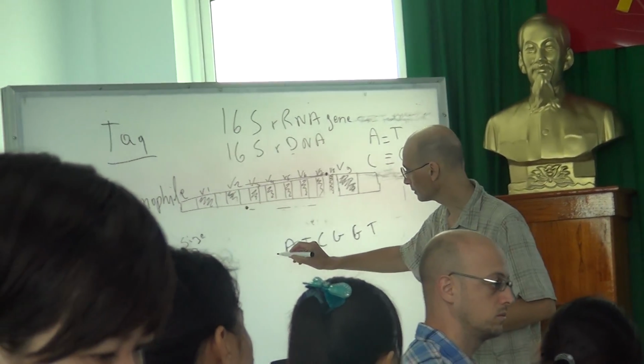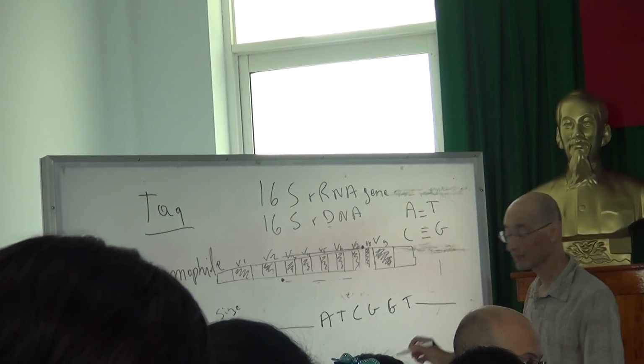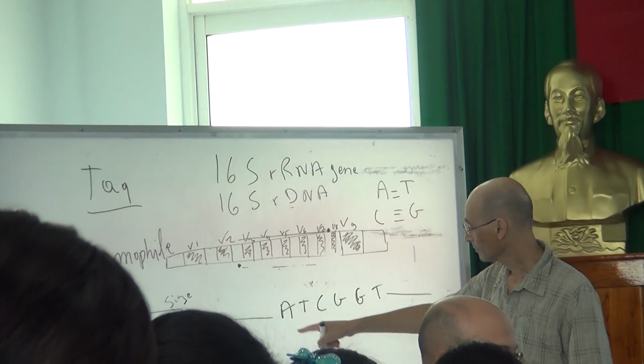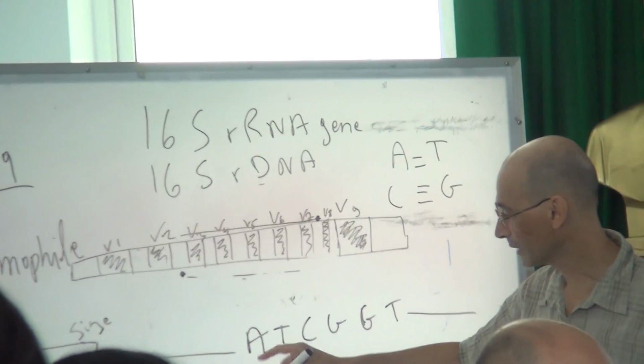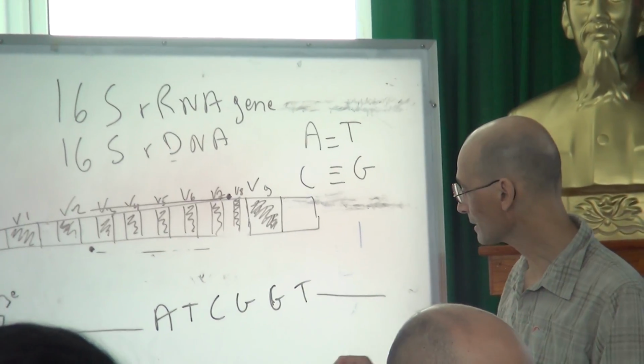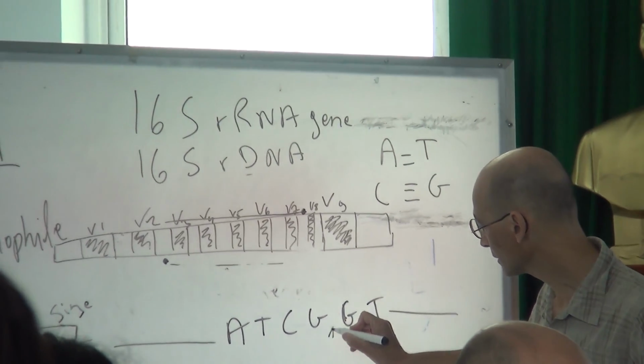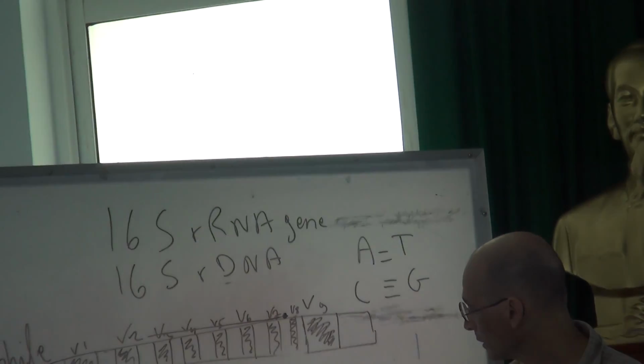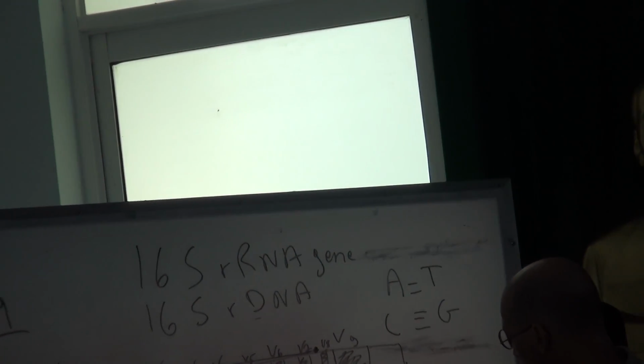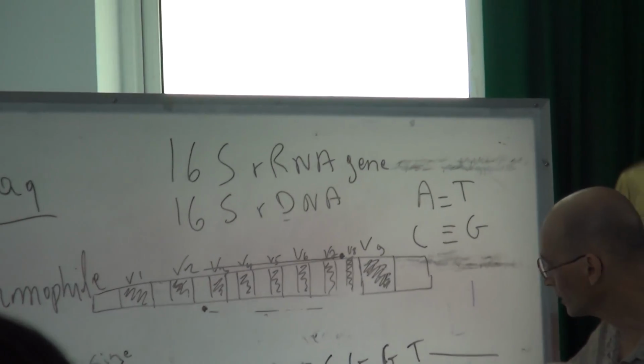So if you have, let's say, this stretch of nucleotides in your sequence, the enzyme may, for instance, recognize this and cut here. So it will recognize A, T, C, G, G, T, and cut between this G and this G.